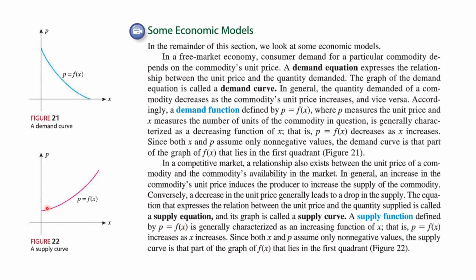Conversely, a supply curve looks like this. The higher the price, the more people are trying to make it and competing. So this is a supply curve. This one tends to get lower. This one tends to get higher as the price increases.